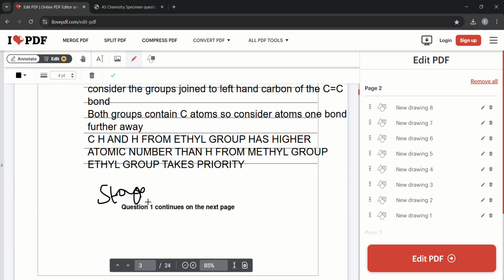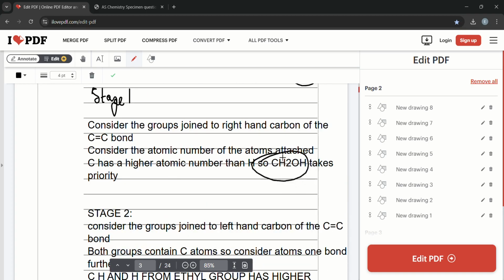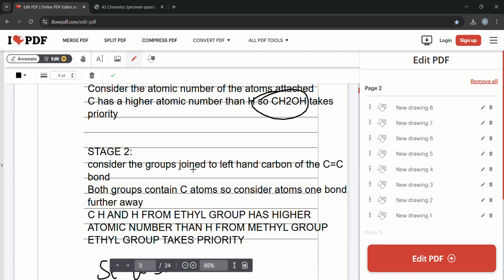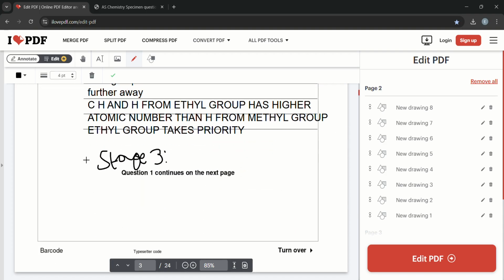Stage 3. Well, we know the highest priority groups now: CH2OH takes priority, and the ethyl group CH3CH2 takes priority. Therefore, on the same side, it's going to be Z isomer. But you do need to say that. You can't just assume the examiner already knows.